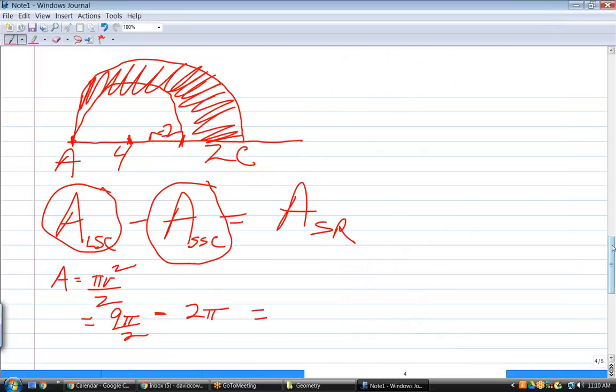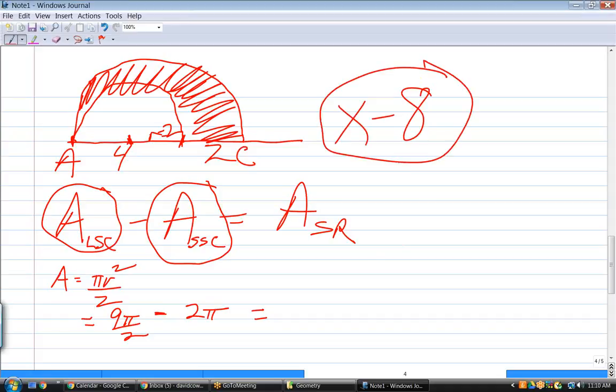It's like whenever they say there's a number that's 8 less than another number, you don't put the 8 in front, even though they write it in front. It's always x minus 8. If I have a number that's 8 less than another number, this is the way I write it.